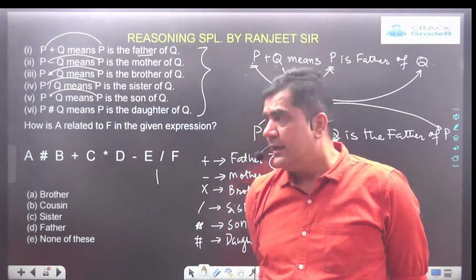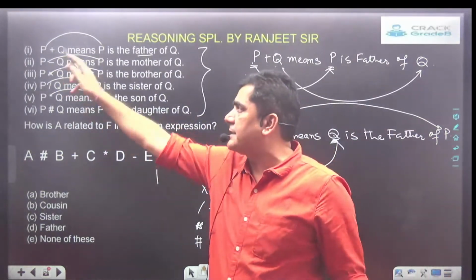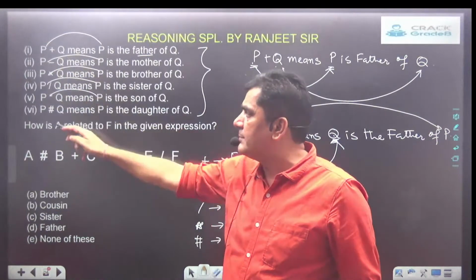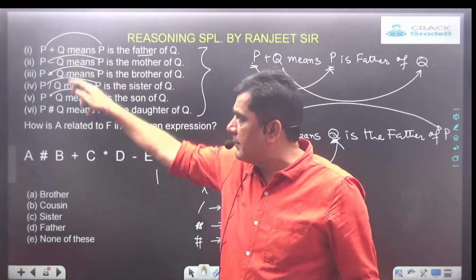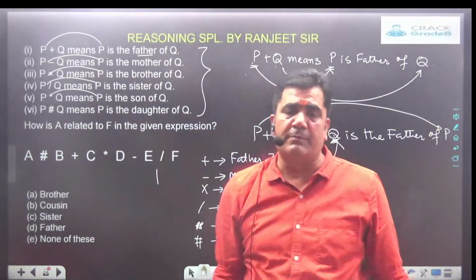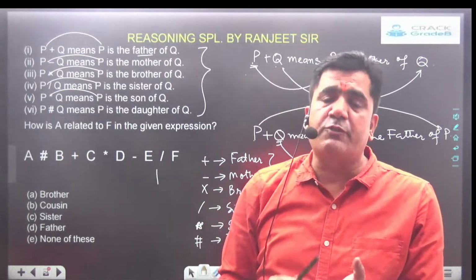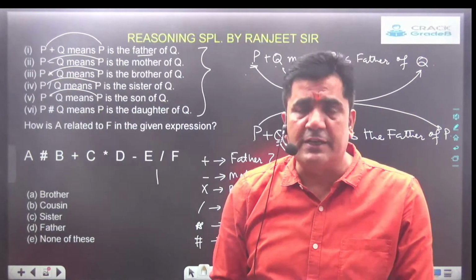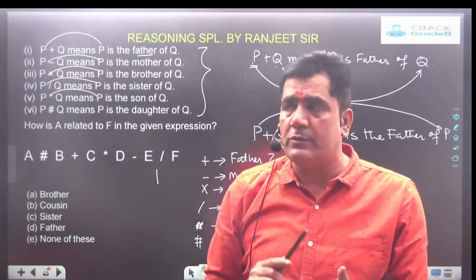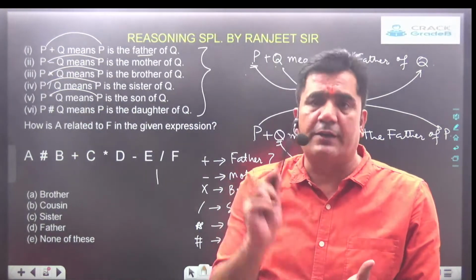So in these directions, the first person has come at the first place, and I know the meaning of all these symbols. Plus stands for father, minus for mother, cross for brother, division for sister, star for son, and hash for daughter.